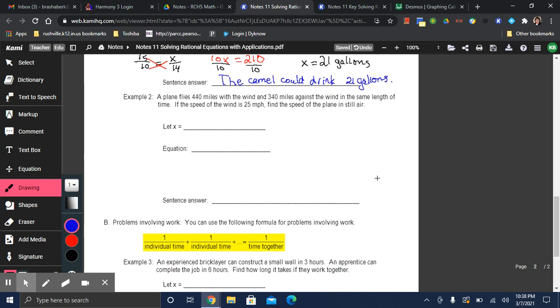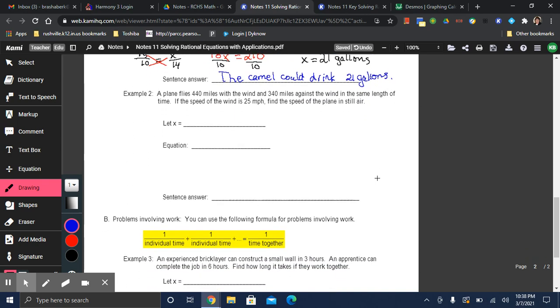I wanted to show you another rate problem that is just a little more complicated. Whenever you're having a problem involving rates that has some kind of force of nature working with it or against it, you'll have to add or subtract that force of nature's speed against or with the speed of the object.